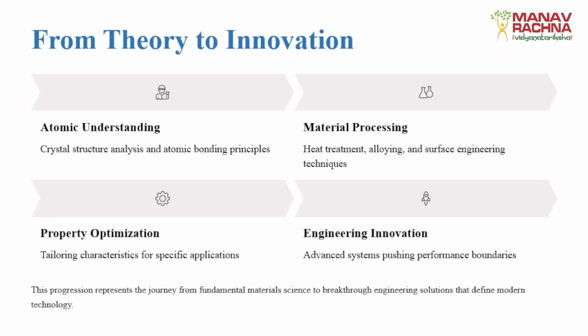At its heart, material science deals with the relationship between structure of materials and their properties. Whether we are designing an engine or a turbine blade or even a small machine part, the performance of that component depends not only on the design but also on the chosen material.